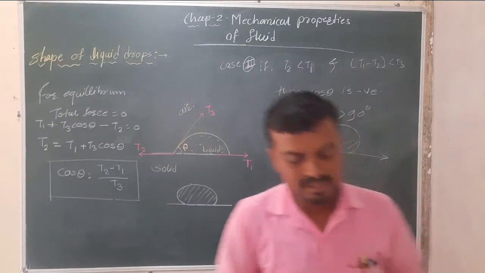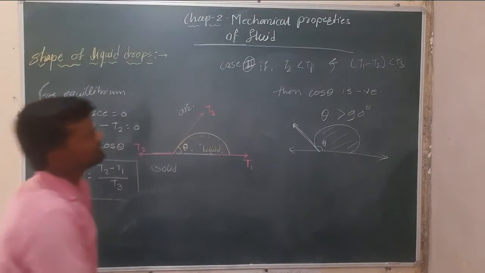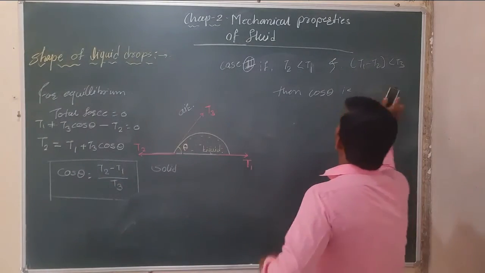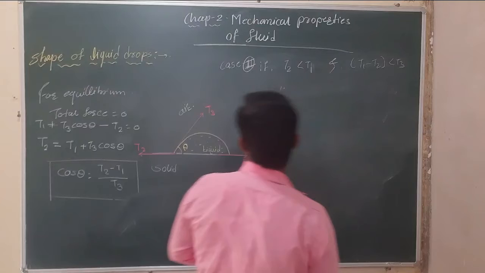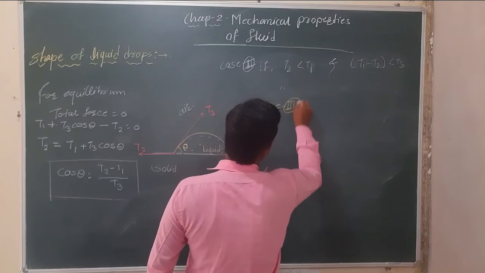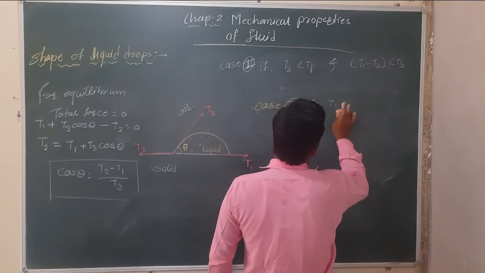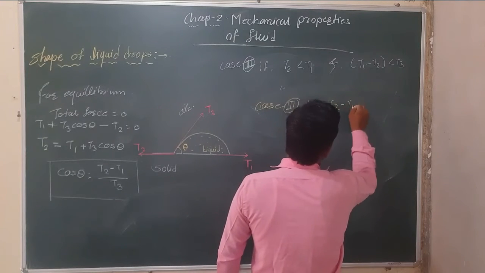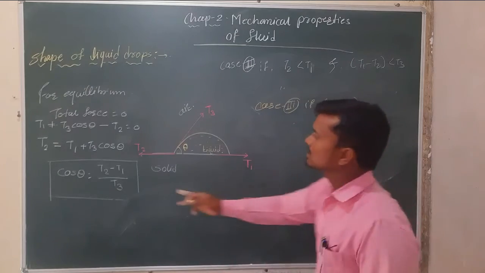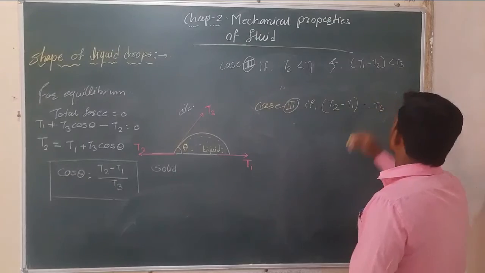Next case, here we consider the next case. Case third: T2 minus T1, this total term T2 minus T1 is equal to T3. Then what happens?